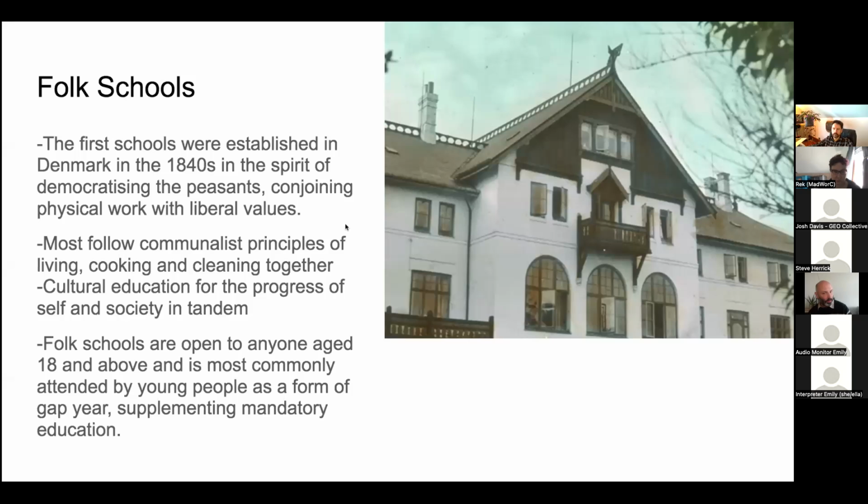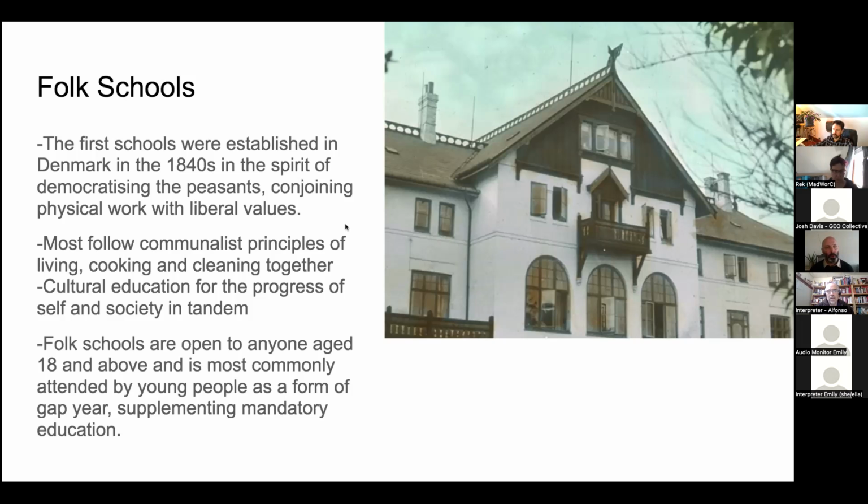This is going back in time a bit, but folk schools in Scandinavian countries, starting in Denmark in the 1840s, were started as not grade schools or high schools, but a kind of gap year kind of school, like a school for adults to learn political education and traditional skills like woodworking and such, and fiber arts.